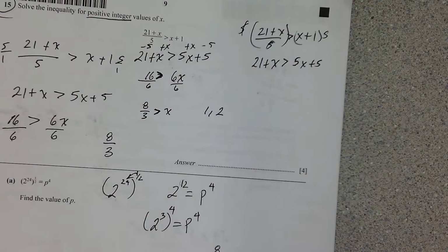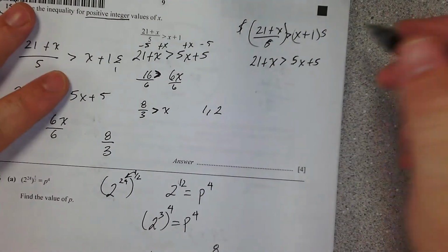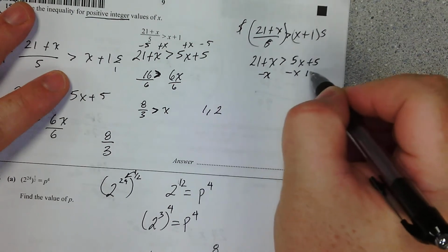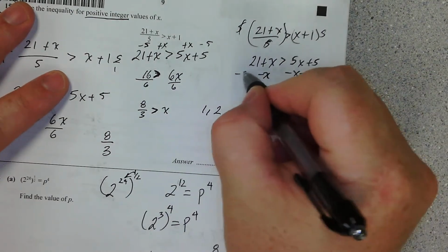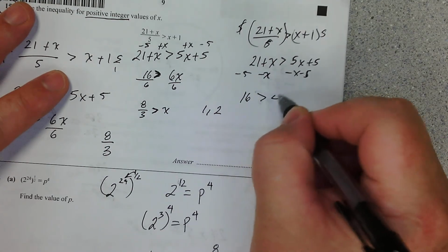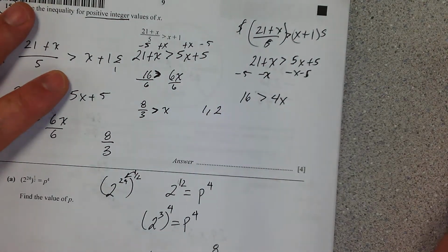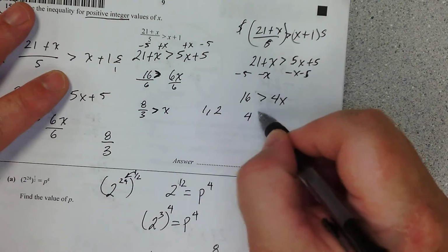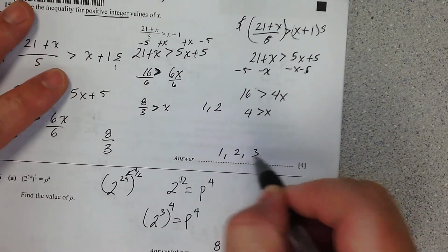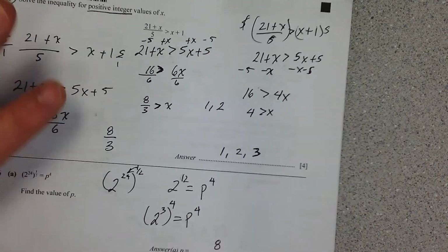Oh, I see it. I see what I did. Oh my gosh. Man, every time it's always something like that. I have to subtract. So that is 16 is greater than 4x. So 4 is greater than x. So that would be 1, 2, and 3. Those are the positive integer values.